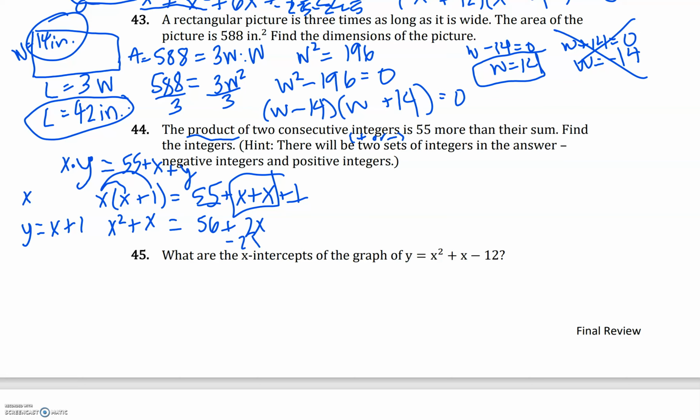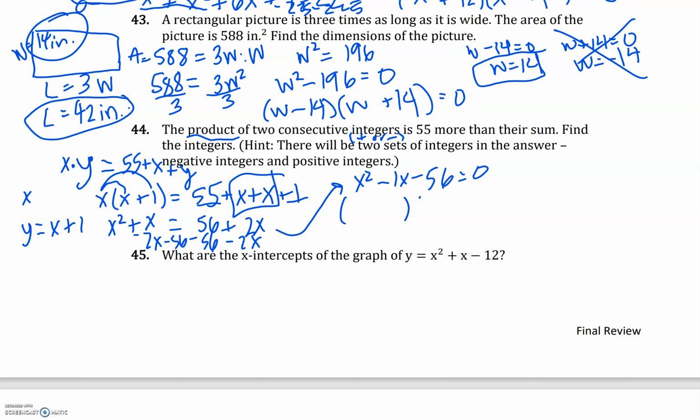So we'll subtract 2x from both sides and 56. x squared plus x minus 2x will be minus 1x. You don't have to write the 1 if you don't want to. Minus 56 equals 0.